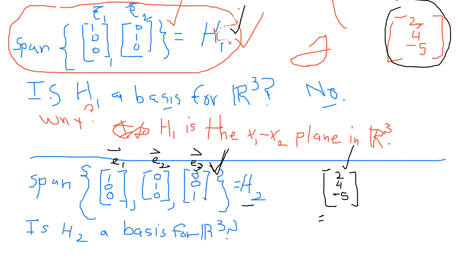Can this vector 2, 4, negative 5 be written as a linear combination of E1, E2, and E3? The answer is yes. That's right, Nafani.